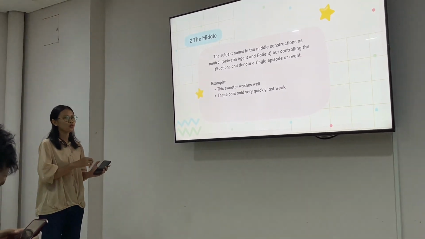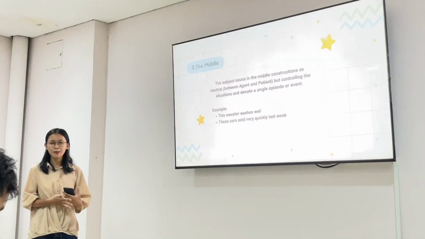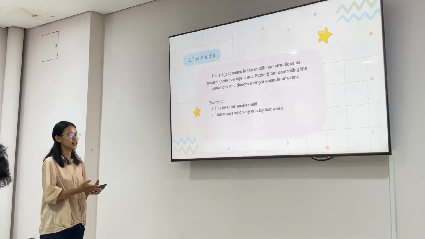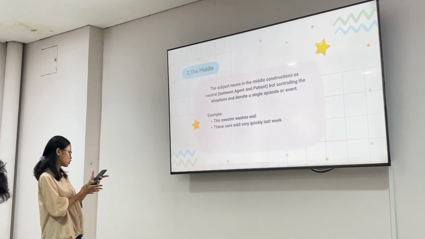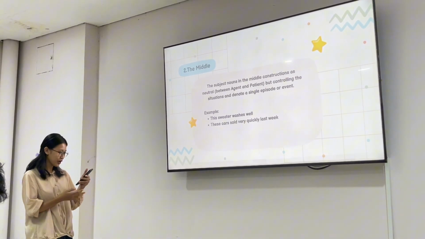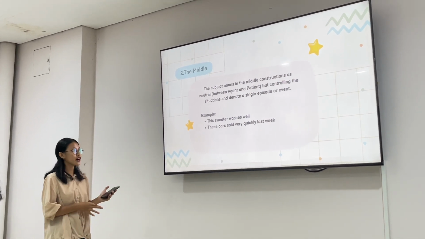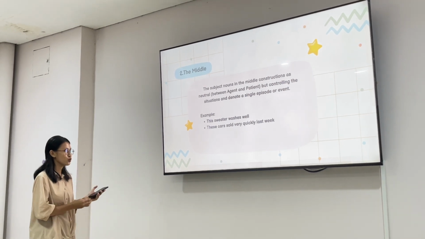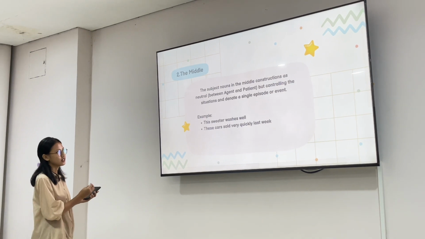It is grammatically active, but semantically passive. For example, the sweater washes well and this car sold very quickly last week. In these two examples, the subject is grammatically active, but the meaning is that the activity has been done, so it is semantically passive. And it also denotes a single event, which is only washes and only the car sold.